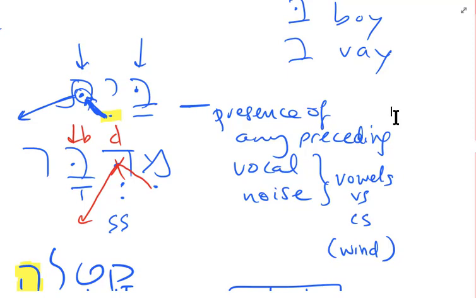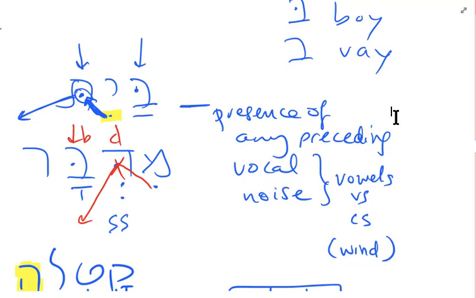So vowels constitute vocal noise. And then two other things in Hebrew constitute vocal noise. These are the shavas that are vocalized. Vocal shava, right? And any compound shava, those are all vocalized as well. Those are vocal noise too. So vowels, vocal shavas, and compound shavas are all going to vocalize and have air blowing through the oral cavity.